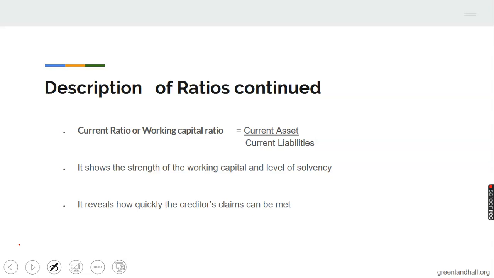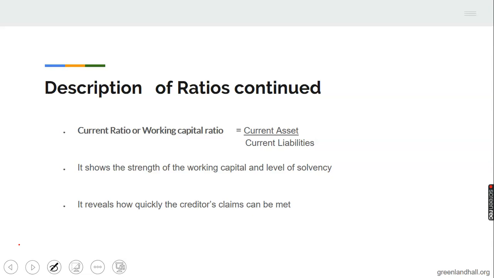The current liabilities could be overdraft, creditors, or accruals. So all these constitute what we refer to as current liabilities. And this ratio shows the strength of the working capital and the level of solvency of the business or the company.